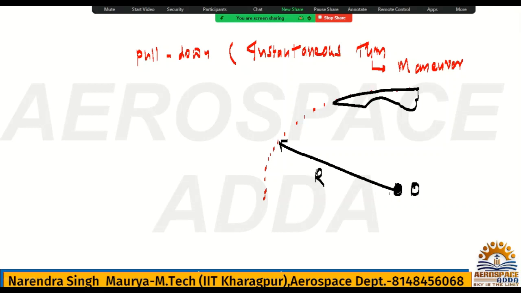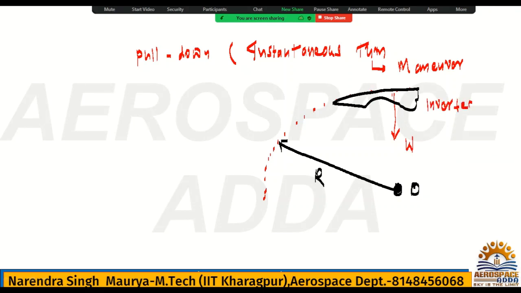Radial distance R. Now if you check here for the pull down case, where will be the weight? Weight will be acting downward. And at the same time, because the aircraft is going pull down, it is like an inverted flight.